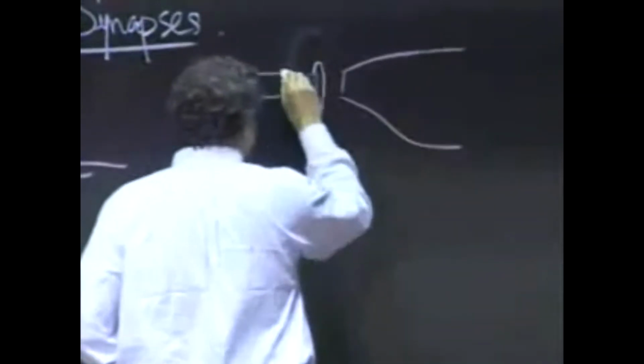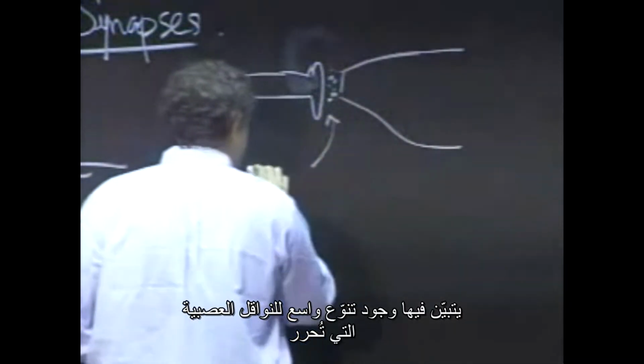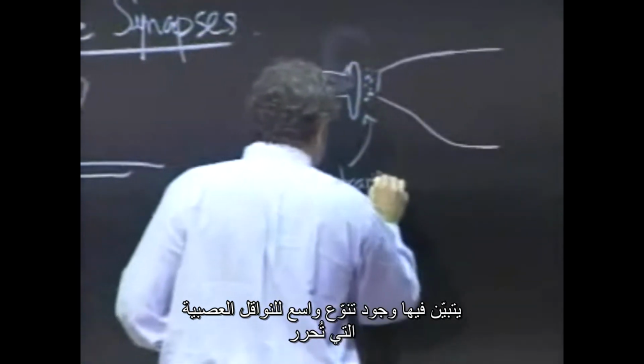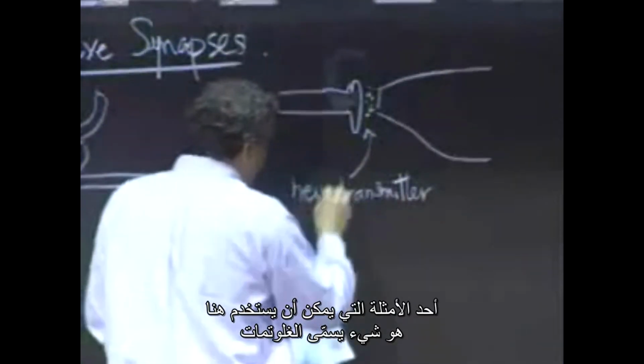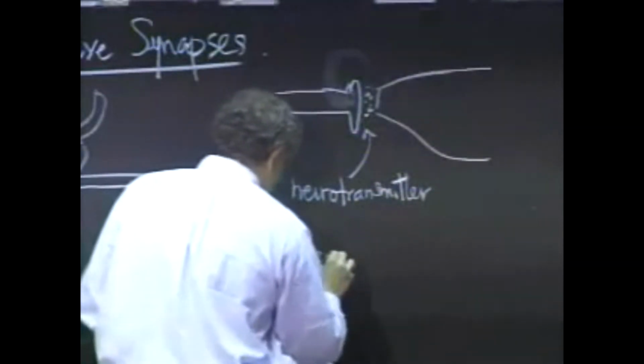The nerve terminal releases into the synaptic cleft some neurotransmitter. Turns out there's a wide variety of neurotransmitters that get released. While the neuromuscular junction involves acetylcholine, one example that might be involved here is something called glutamate.